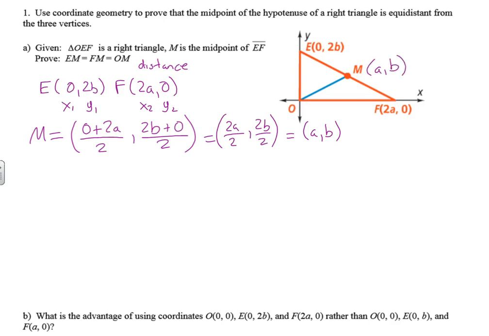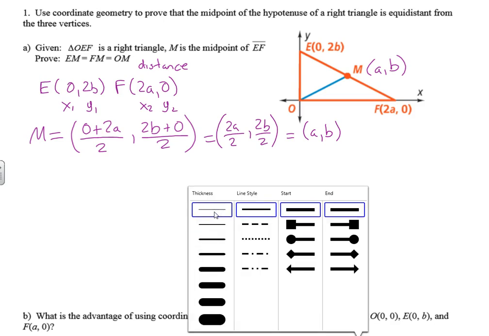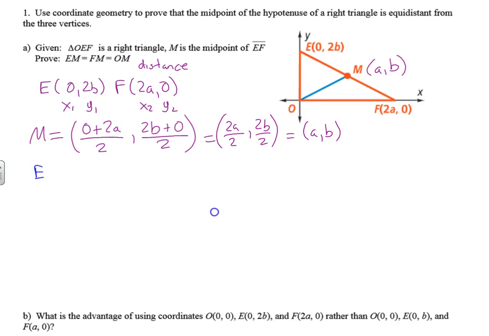All right, so we're going to try to find the distances of EM, FM, and OM. I'm going to set it up in very much the same way that I did the last one, using a different color here. E is the point 0, 2b. M is the point a, b. So I'm going to do EM.